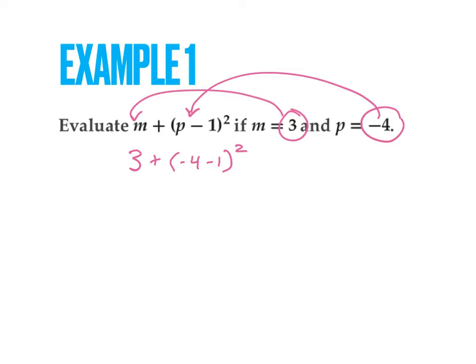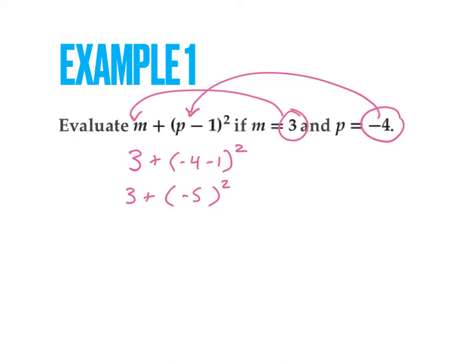Now what's going to be the first thing that we do here? The parentheses. So we can just rewrite our 3 plus, and then we're going to do what is in the parentheses. So we have -4 minus 1, which is -5, squared.